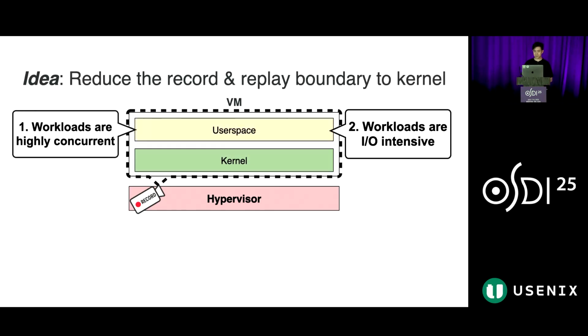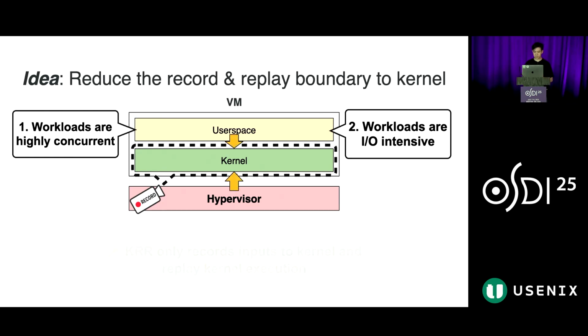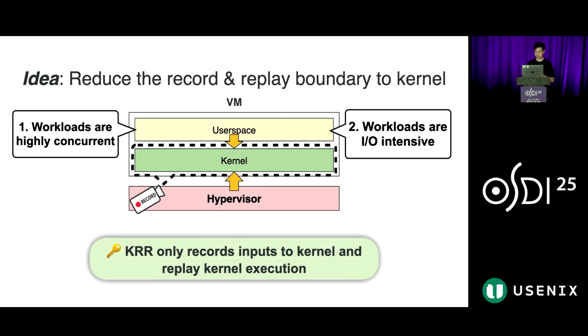Our key idea is to reduce the record-replay boundary from the whole machine to the kernel. Our work, KRR, records the inputs to the kernel and only replays the kernel execution. At first glance, the reduced boundary could help improve recording efficiency due to recording less code execution.